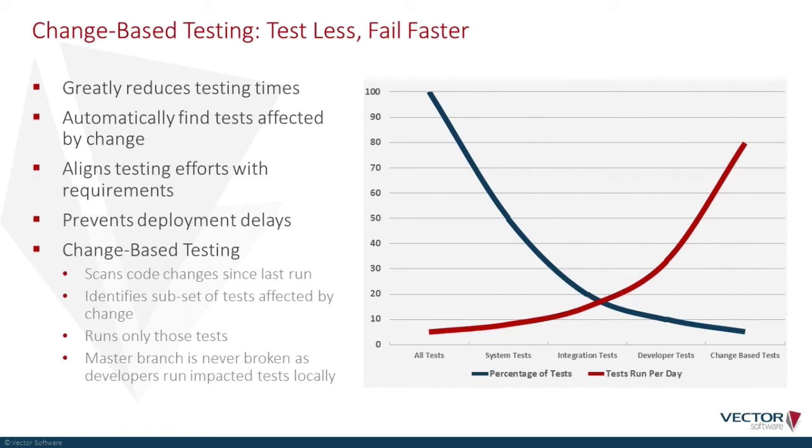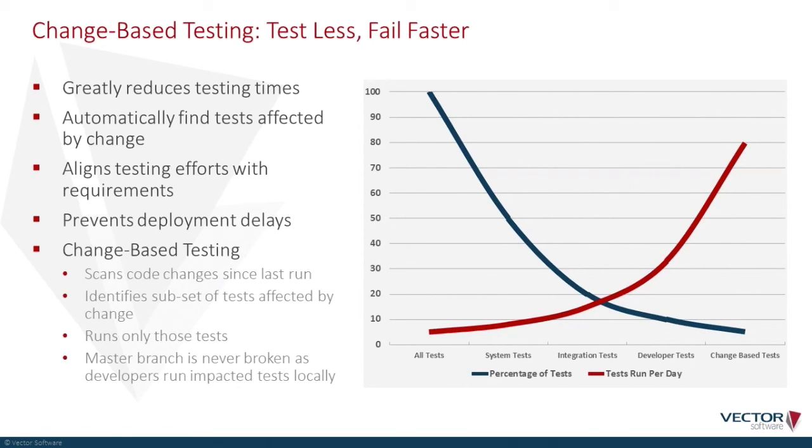So it allows the engineer to assess what small subset of tests have been impacted by a code change and allows them to execute only those tests, which is going to greatly reduce the test time. And that way, when they do find out if something broke, it's fresh in their mind, it's easy to fix, and they can address it right away.